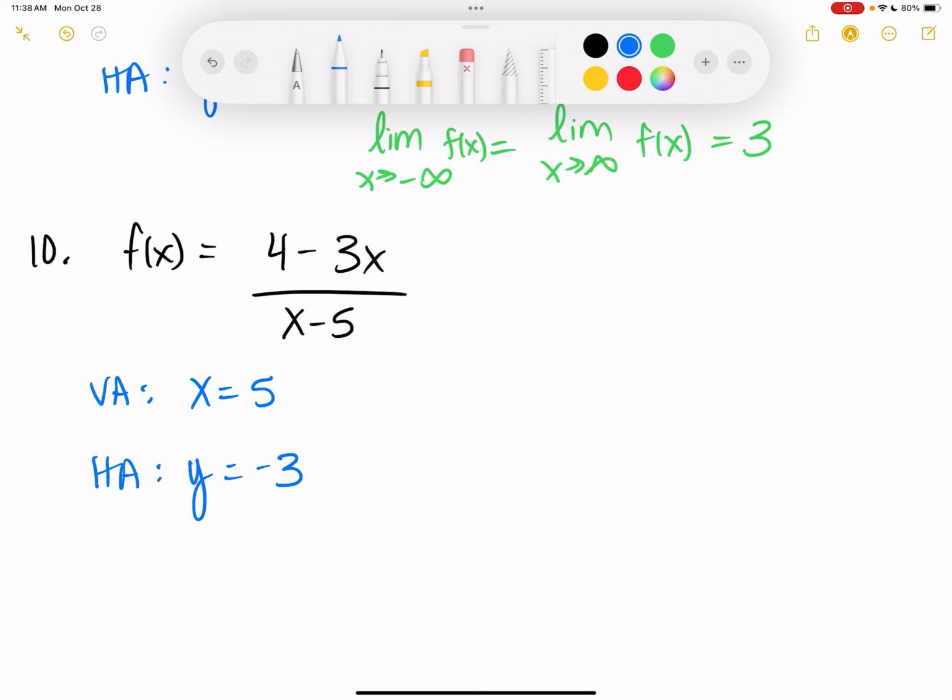So I'm going to look at the limits for my vertical asymptote. The limit as x approaches 5 from the left, and I'm also going to be looking at the limit as x approaches 5 from the right. So if I put something like 4.99999 in there, what's going to happen?